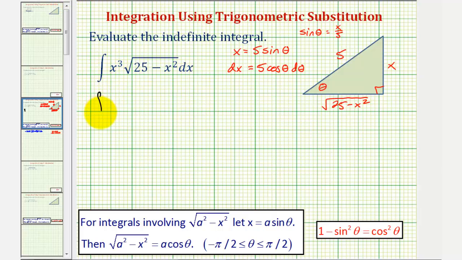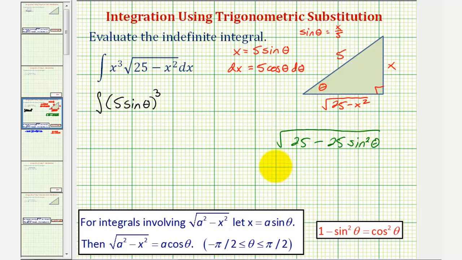So we'd have the integral of x cubed would be 5 sine theta to the third. And then the square root of 25 minus x squared should simplify to a cosine theta, in our case 5 cosine theta. Let's go ahead and show that. We'd have the square root of 25 minus x squared, which would be 25 sine squared theta.